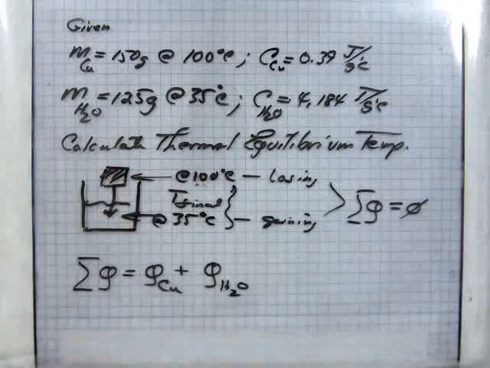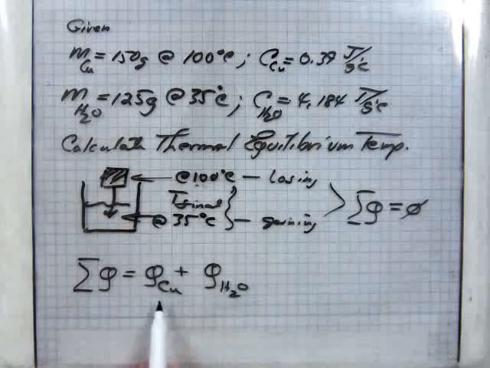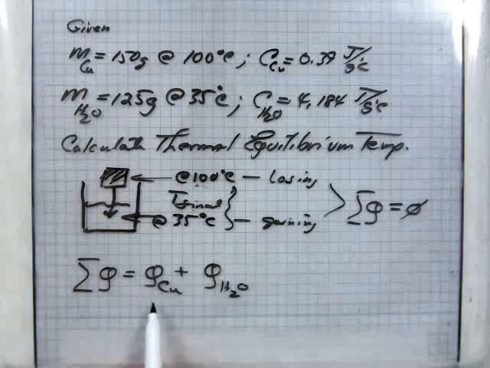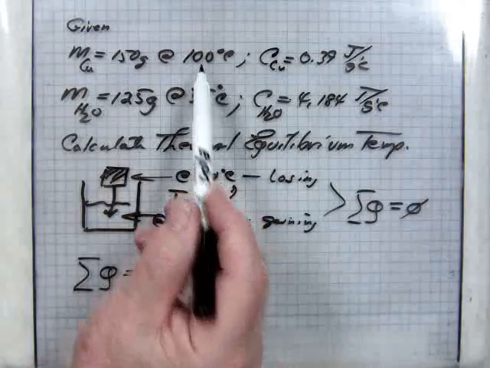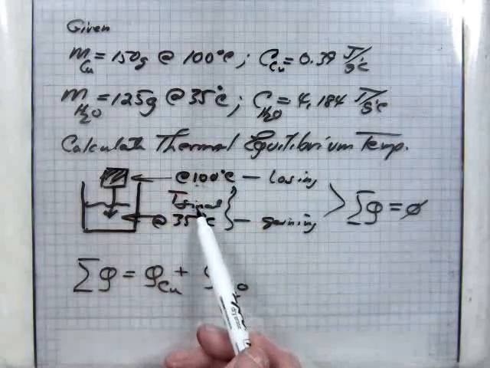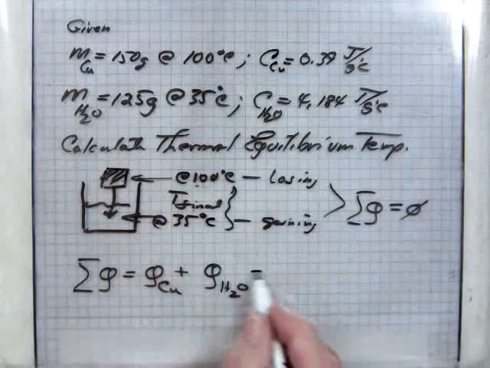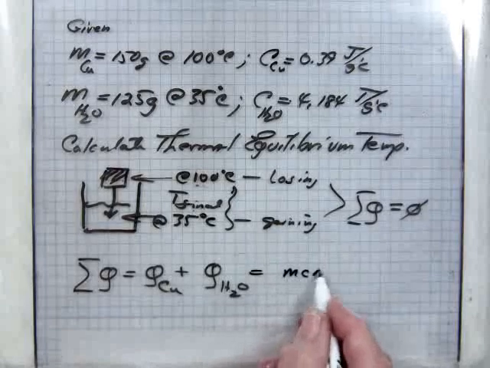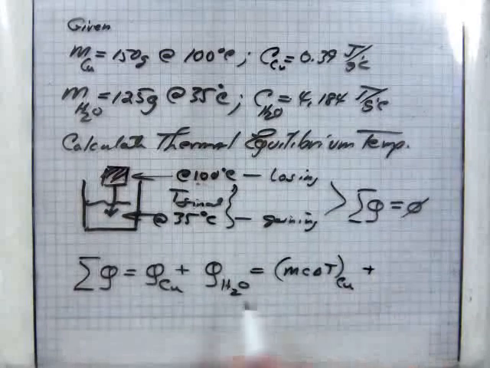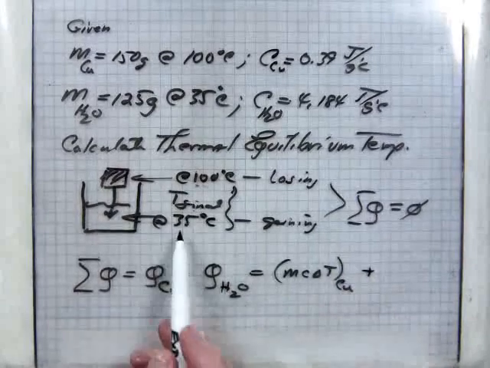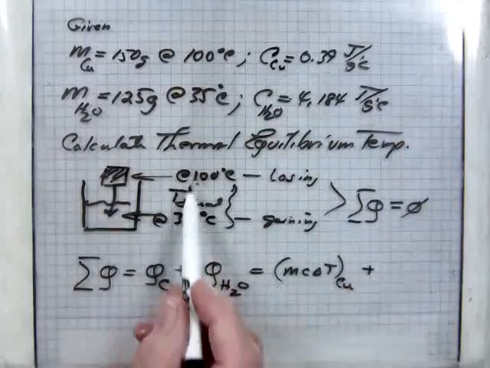Now, is the Q for the copper a temperature change problem or not? We're going from 100 degrees Celsius to somewhere in the middle. So that's an MCΔT for your copper. Then we want to add that. Now look at water. Water's at 35, and we drop the hot object in there.